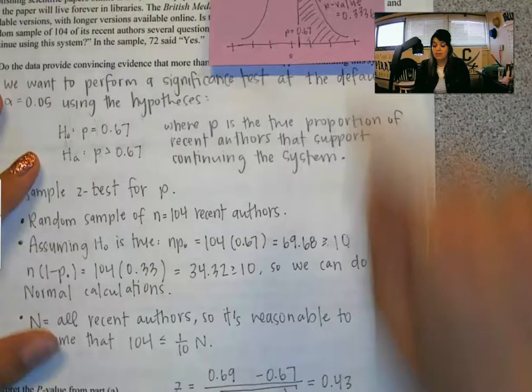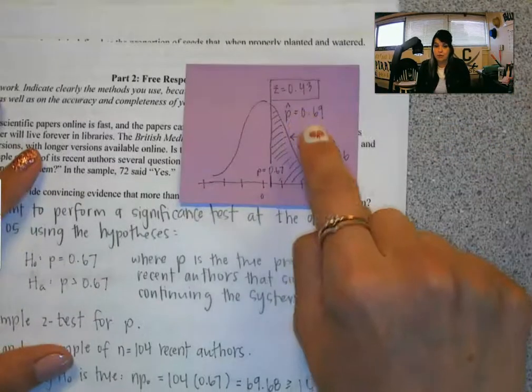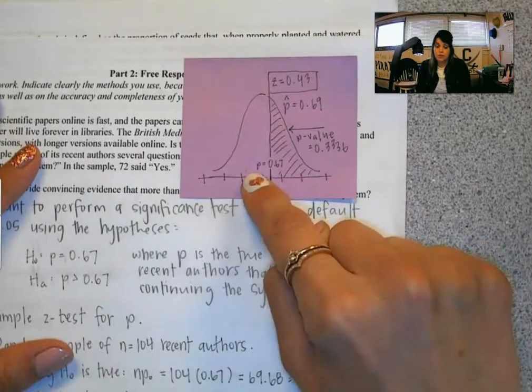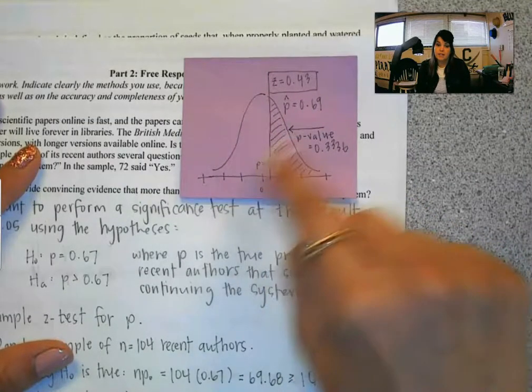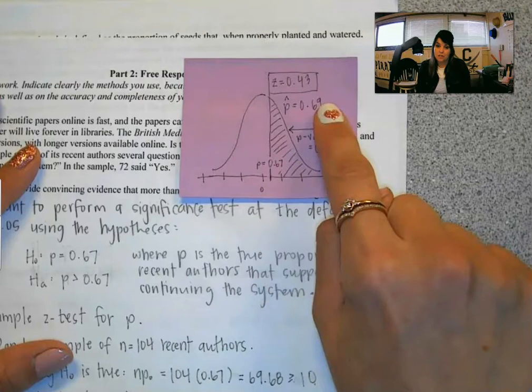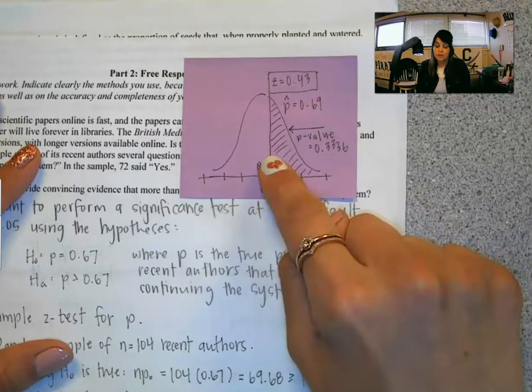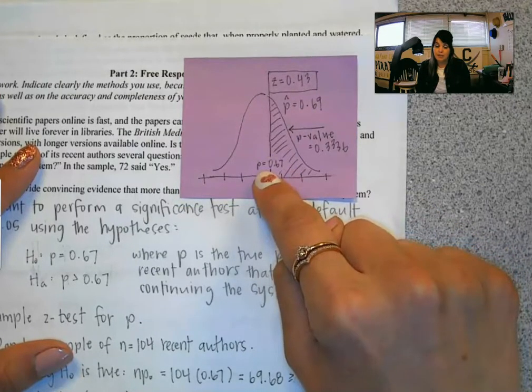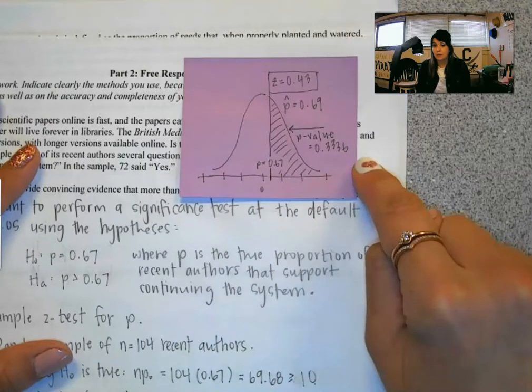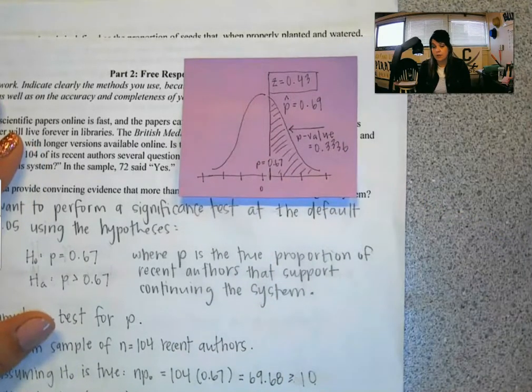So it's just telling you what is the chance that you'll get this sample value if the null is true. So the chances that you would get a sample value of 69% if the true proportion is 67% is about 0.336. So it is totally plausible.